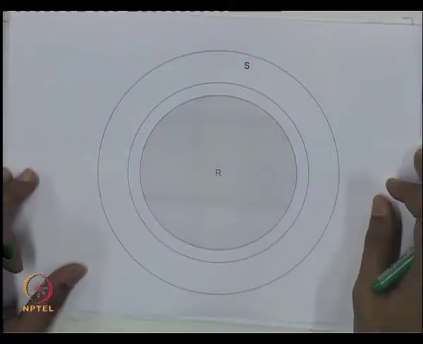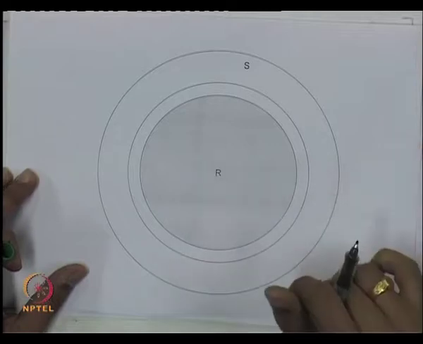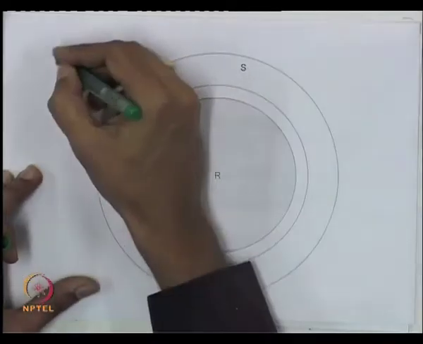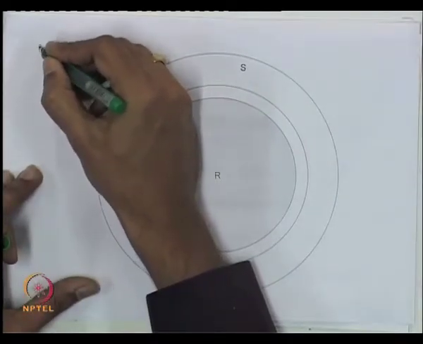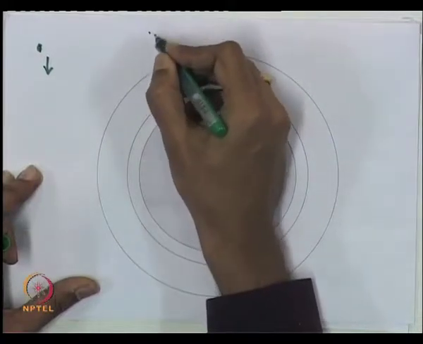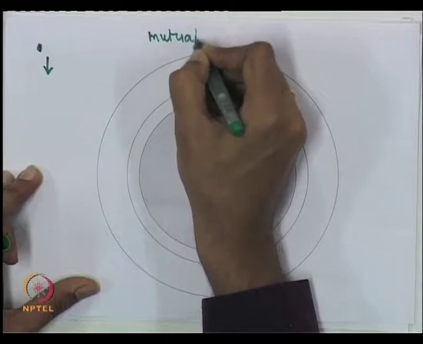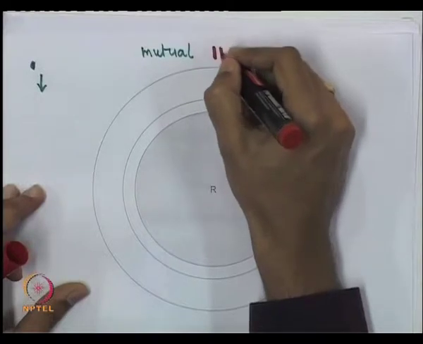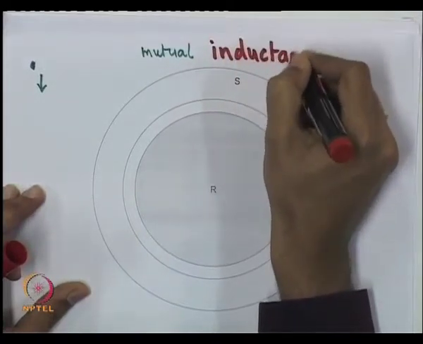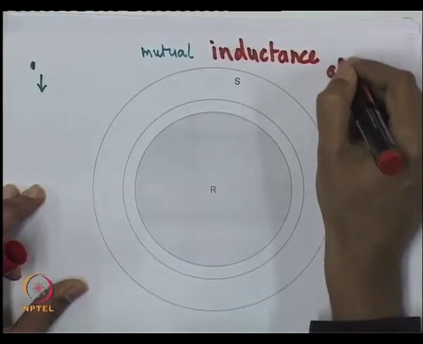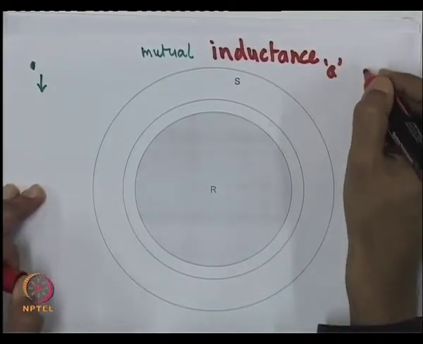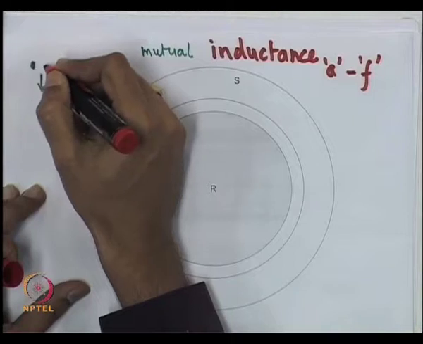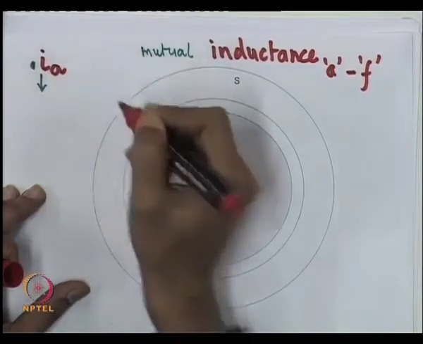Now, one of the important things which we wish to do is to see how the flux will be under several circumstances. If you want to find out the self inductance or mutual inductance, for example, the mutual inductance between the phase A winding and the field winding, then what you need to do is assume that a current flows in the A winding.